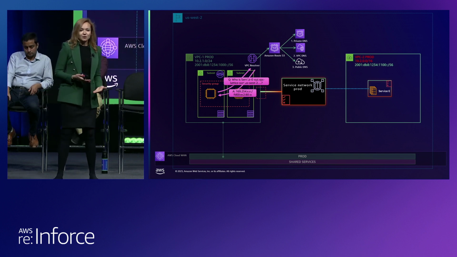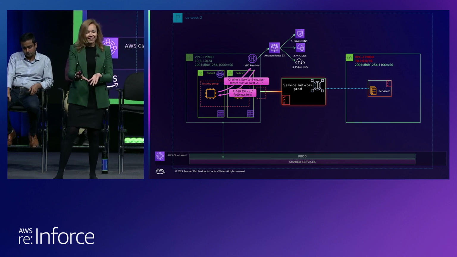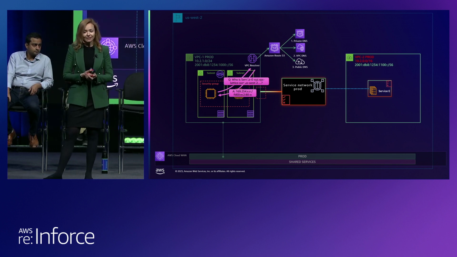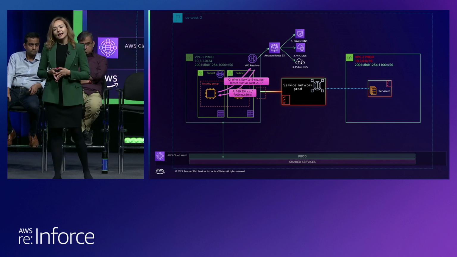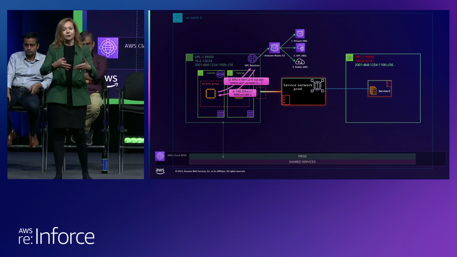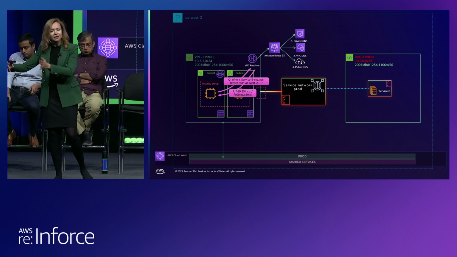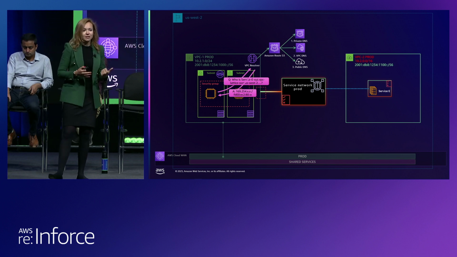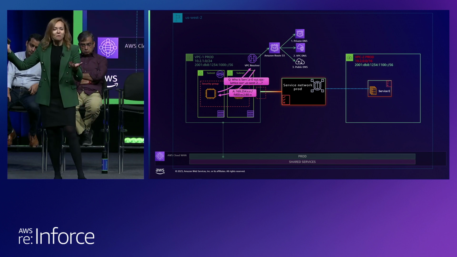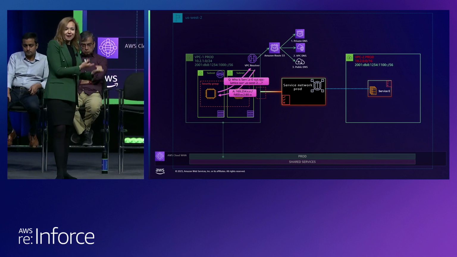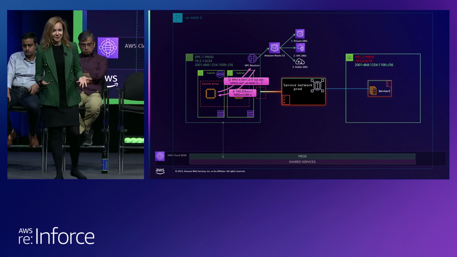If the DNS response is a 169.254 address or an FD address in IPv6, then the traffic will flow according to security groups, route tables, to VPC Lattice. If your DNS response is going to be 10.1.1.20, right, somewhere within your network, that traffic will go to Cloud WAN, because that's what the route table says.